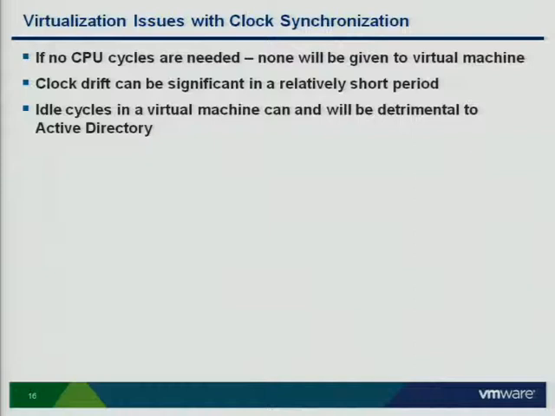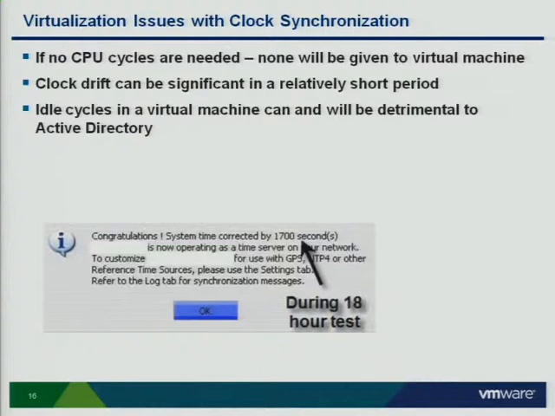So idle cycles in a domain controller can be extremely detrimental to this process as we go through it. I did a test on domain controllers that were sitting on the same hypervisor as another box that I ran an app that just artificially chewed up CPU cycles, in other words, stealing them away from the domain controller. I ran the test for 18 hours, and it drifted by 1,700 seconds. In English, that's 28 minutes in an 18-hour time frame.